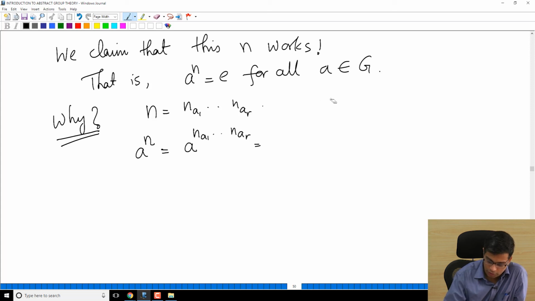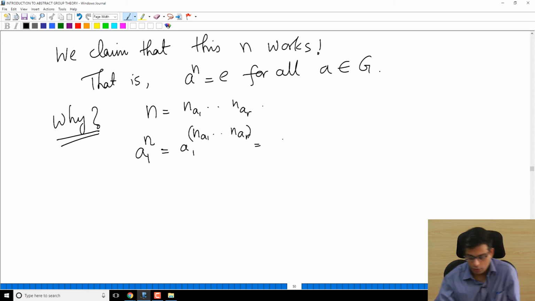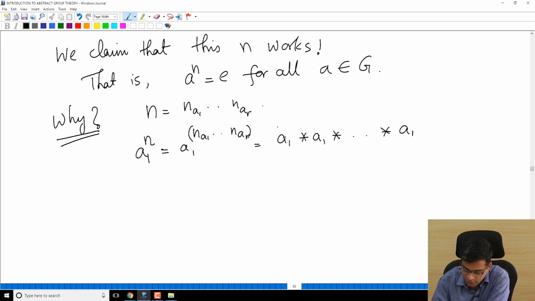So, I have a 1 power n, because n is equal to this. But what is this? This is a 1 star a 1 star a 1, taken n a 1 n a 2 up to n a r times.